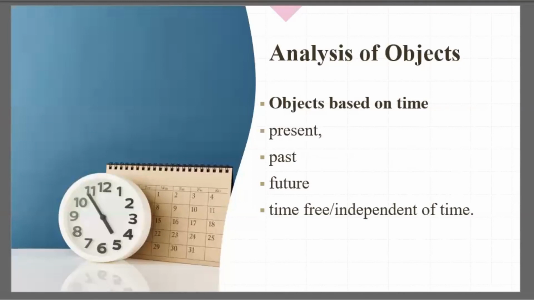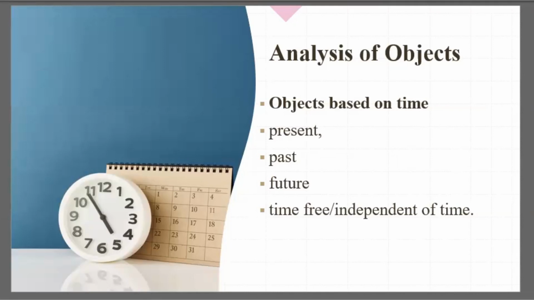What is time-free? According to Abhidhammic teaching, Nibbana is called a time-free object, independent of time. In Pali we call it Kala Vimutta. This teaching is very important when we are learning Citta Vithi, the cognitive process.